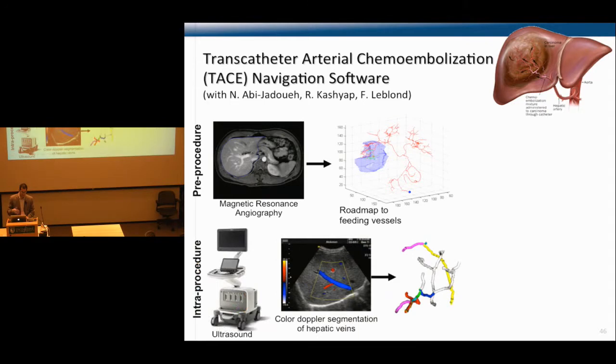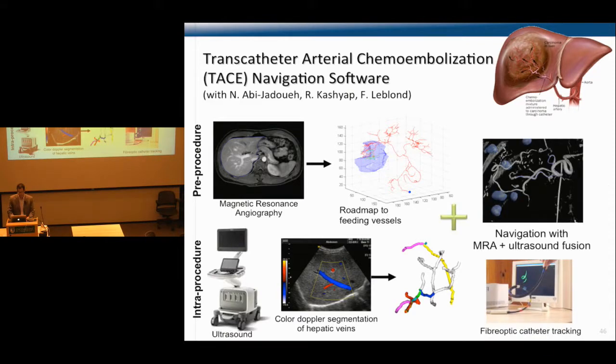So this is an ongoing project in collaboration with Fred Leblanc, who was here, to develop the technology to do the registration and perform optical shape sensing to reach a certain level and track the position of the feeding vessels.